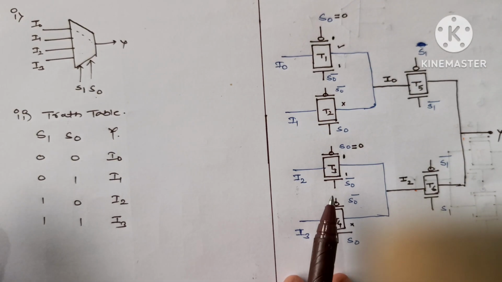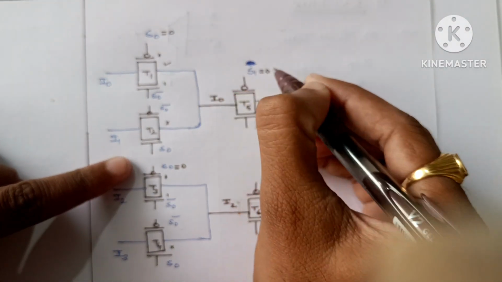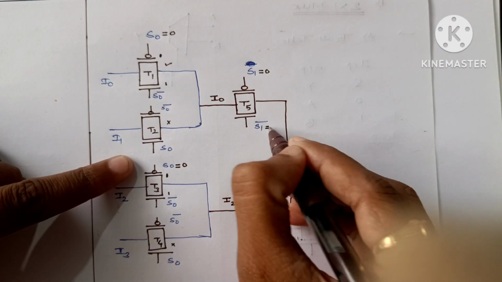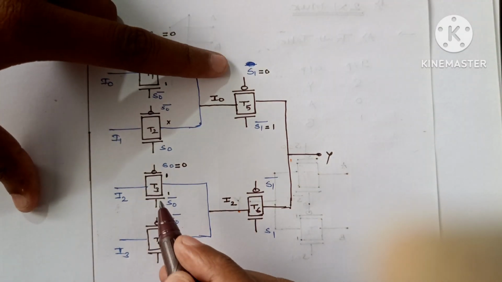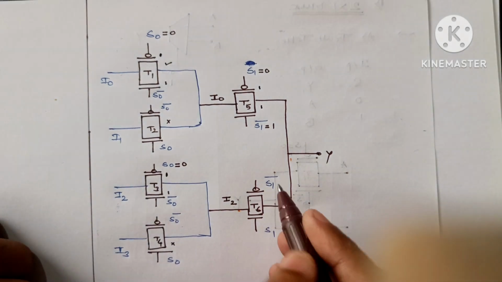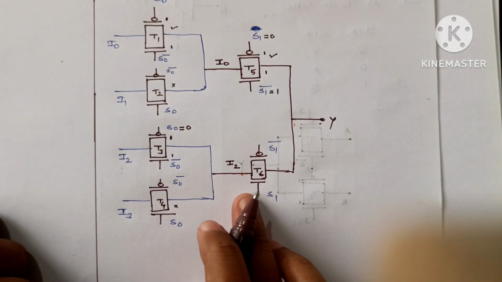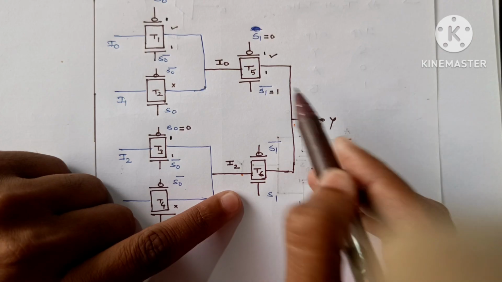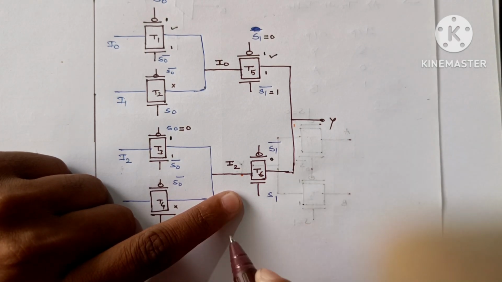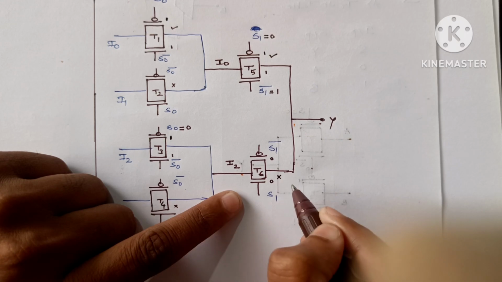They are connected with select line S1. Here S1 is 0, its complement will be 1. Now 0's complement is 1, that means logically this is 1 and this is also 1, so T5 will turn on. Let's come across T6. Now S1 bar is 1, so its complement is 0, and this is also 0, so T6 will turn off.